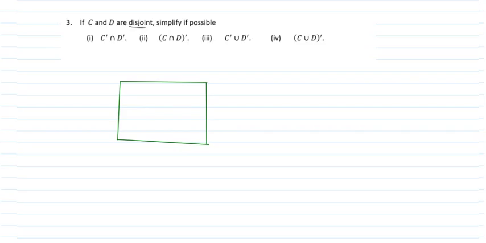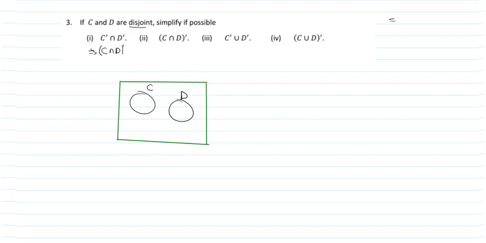So how do we handle this then? We have two sets that are not together. How do we simplify the following? If we factorize these intersections, that will give us A intersection D, complement. But first of all, look at this property.